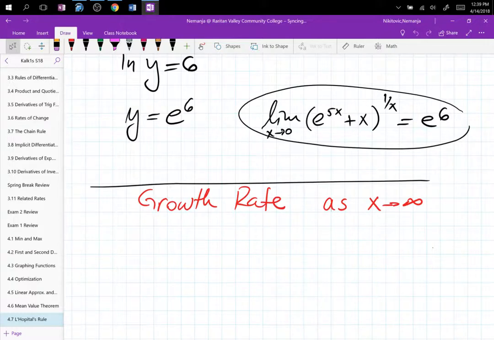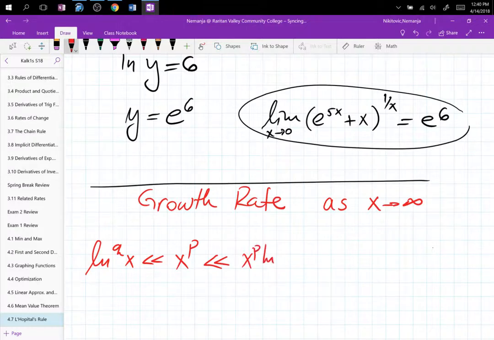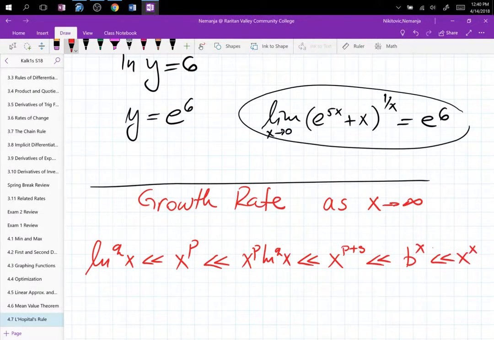So, growth rate. ln raised to any power of x is slower than x to the p, which is the polynomials, is slower than the multiplication of the 2, which is x to the p ln q, is slower than multiplication of 2 polynomials, let's say p plus s, is slower than exponential function, is slower than the boss, x to the x.